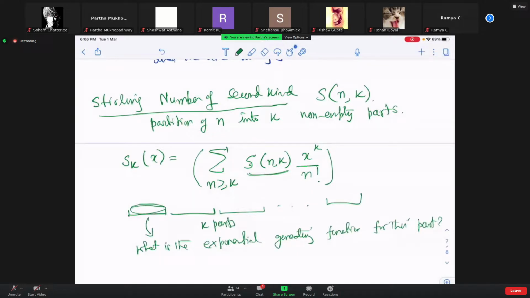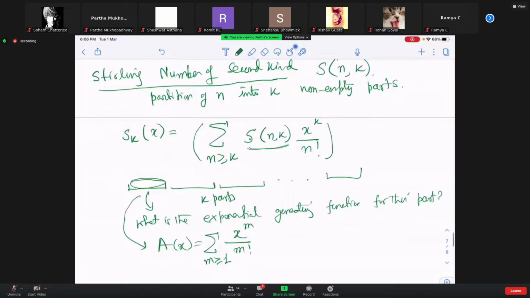If that part holds m, we don't have any choice, nothing else we are doing. So the exponential generating function for this part is the sum of x to the power m by m factorial. This part will contain at least 1, that's why m starts from 1. There is no action after that, it just holds, because there is nothing like permutation or anything. And this sum is nothing but e to the power x minus 1.